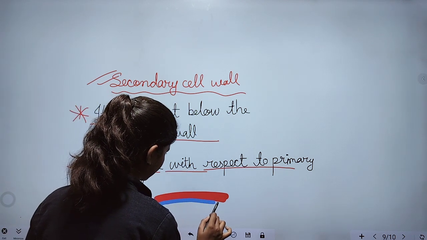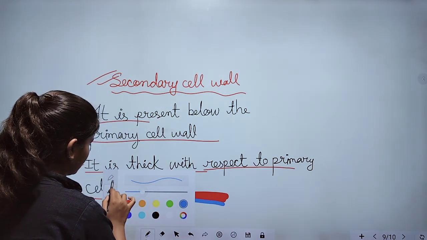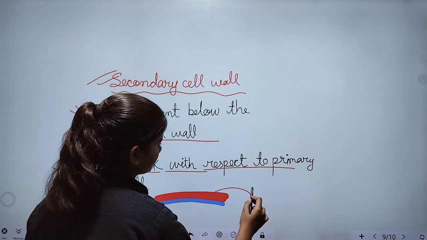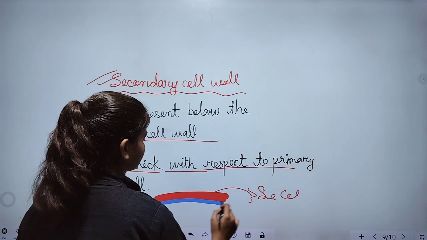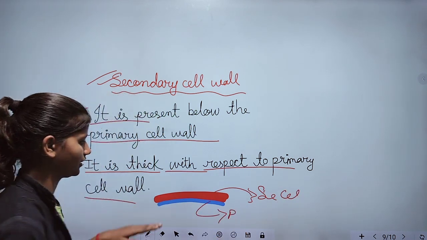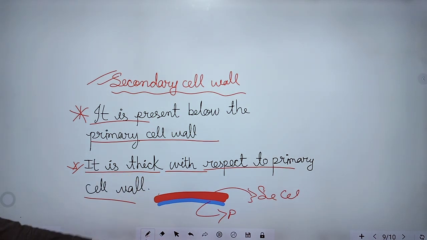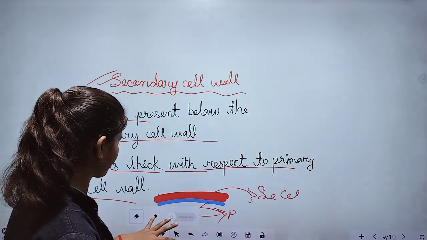Suppose that this one is primary cell wall, and this one is the secondary cell wall. Secondary cell wall is thick with respect to primary cell wall, and primary cell wall is thin. Okay.